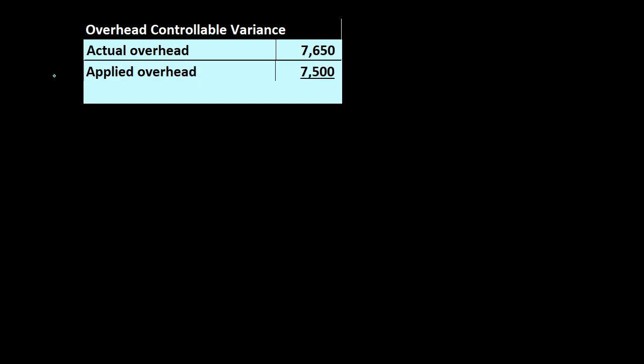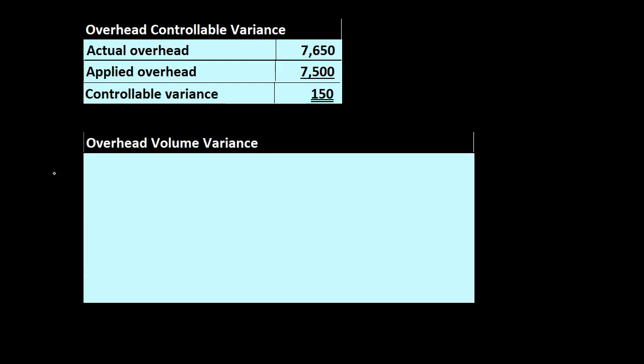The overhead controllable variance is going to be the actual overhead, and this is what we would know because the actual overhead would be what we have given after we run the process, 7,650, minus the applied overhead. And if we look at our flexible budget, we've got the applied overhead at the activity level, the production in terms of units of 3,500, to be 7,500. Subtracting those two out, we get the 150, the controllable variance.